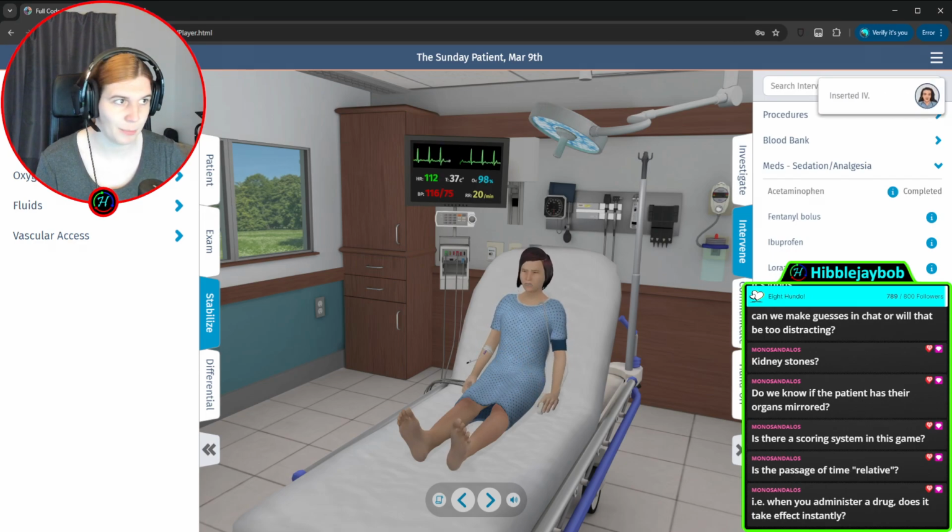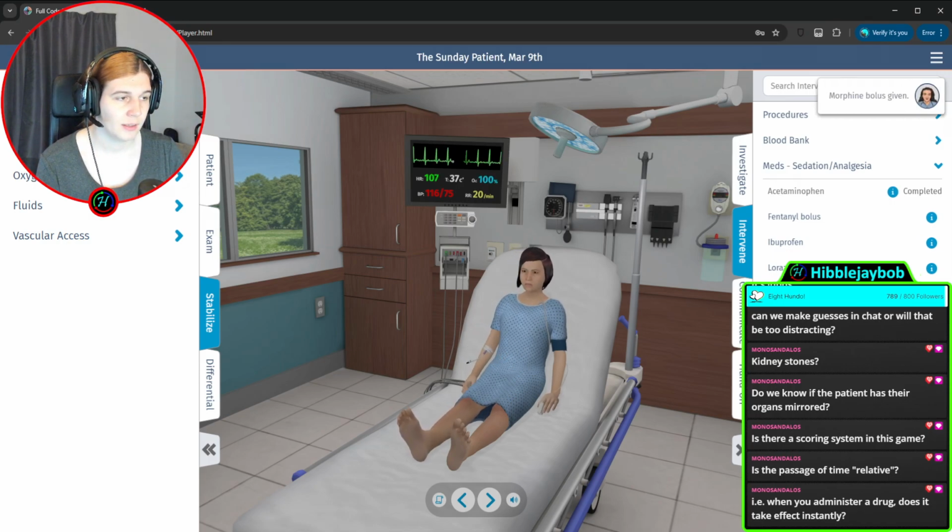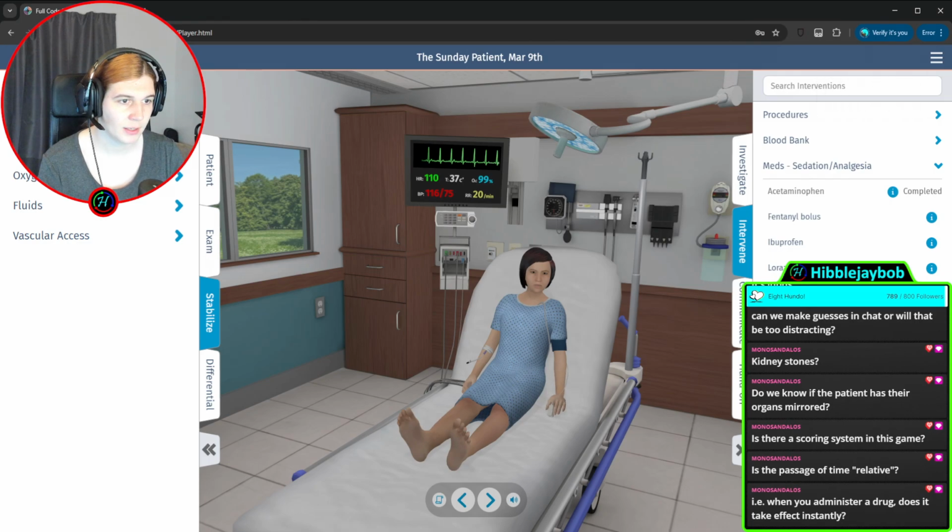I don't know why it's in stabilize, but there. So we've now got an IV in our arm, which is going to allow us to do a morphine bolus, which is now completed. So we're probably going to see this take effect over time. She does look like she's grimacing a lot less, which is quite good. Okay, fine.